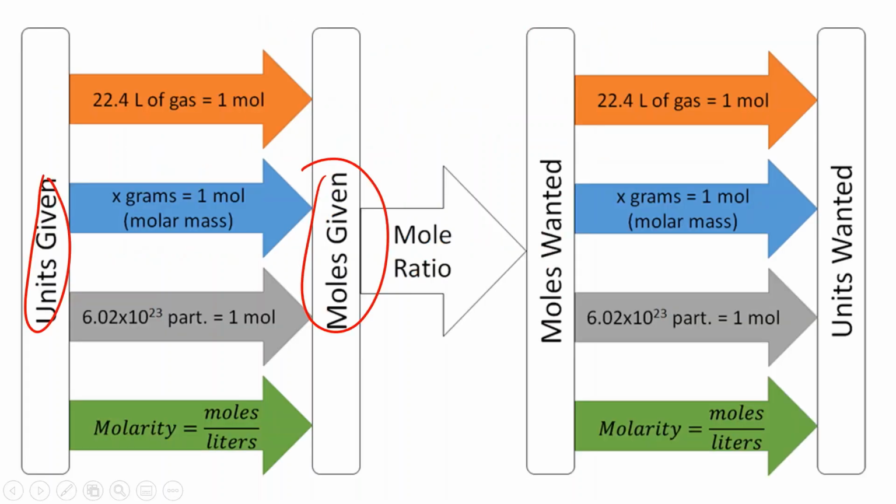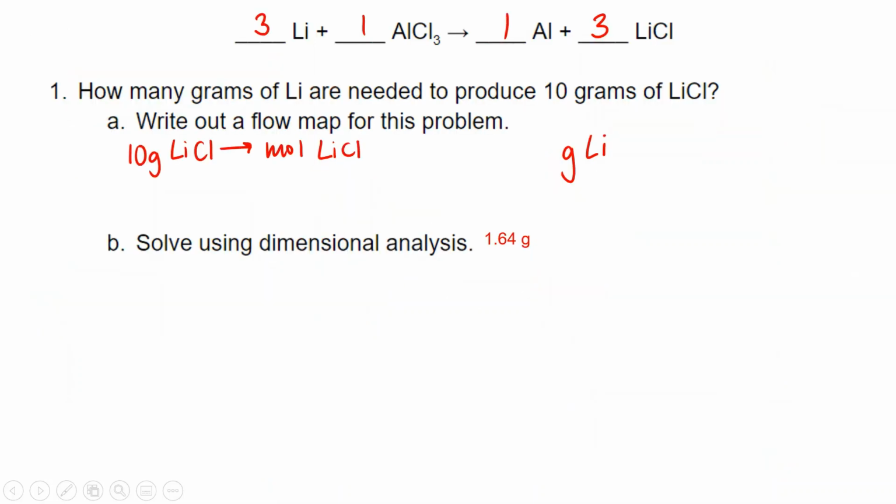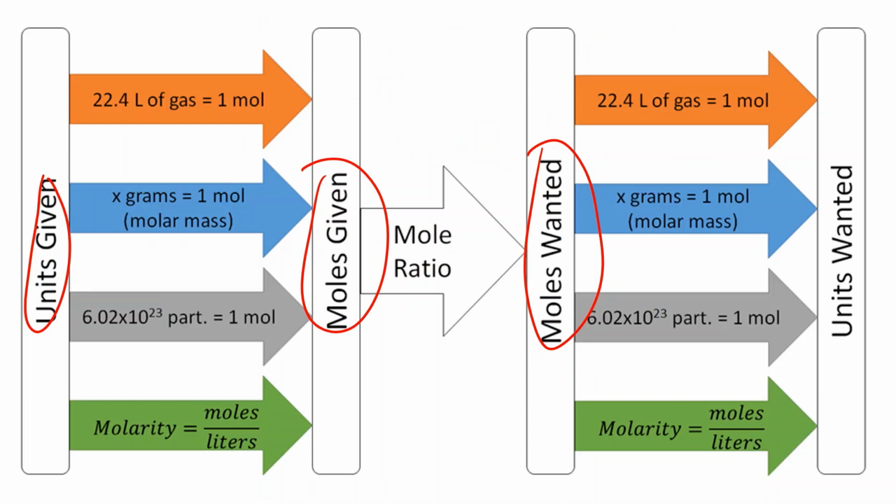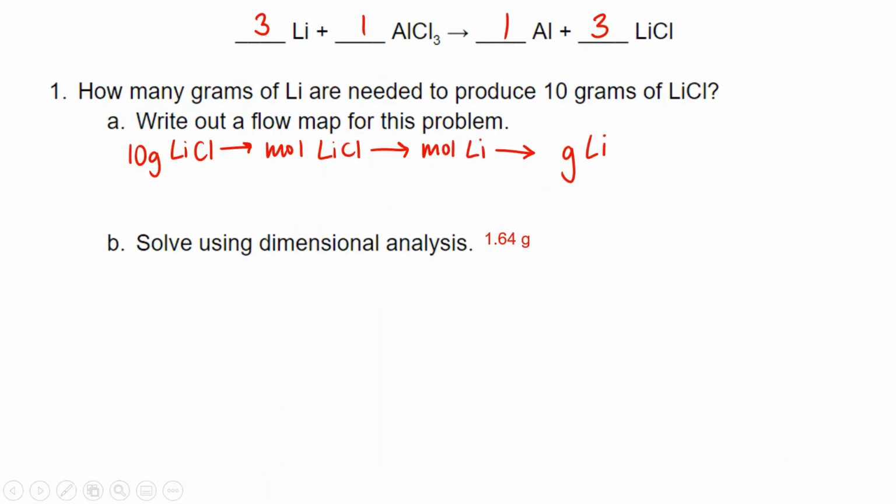Once we have moles of lithium chloride, we can convert that into the moles of what we're solving for using a mole ratio. And then I can just use molar mass to go from my moles to my grams. So we can go ahead and set this up.